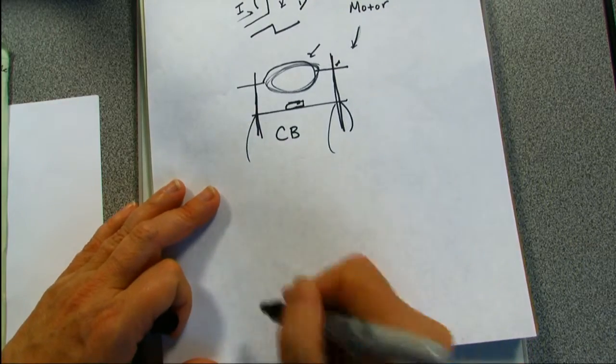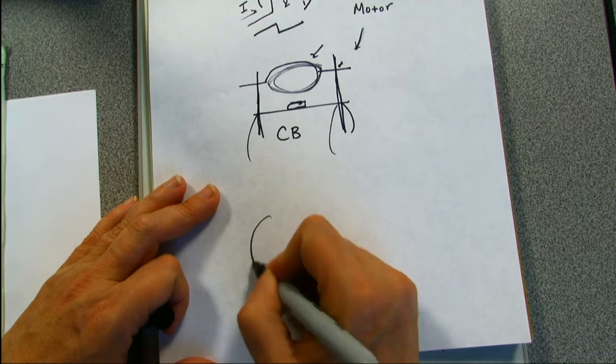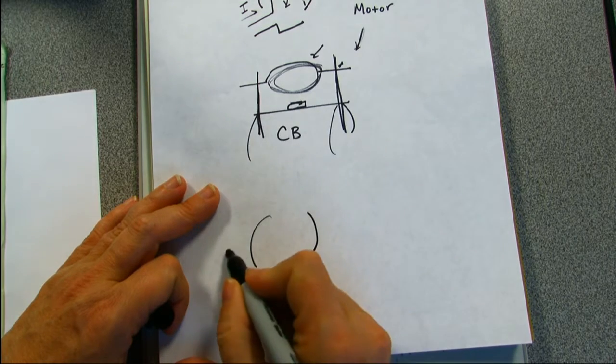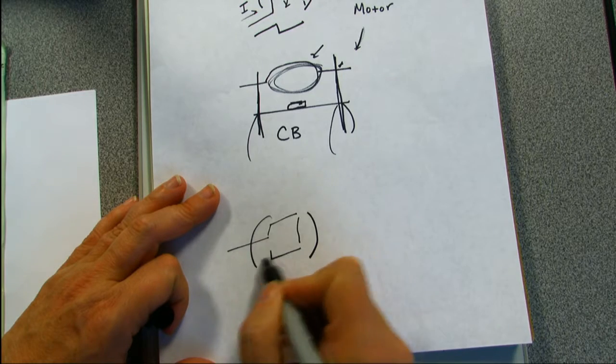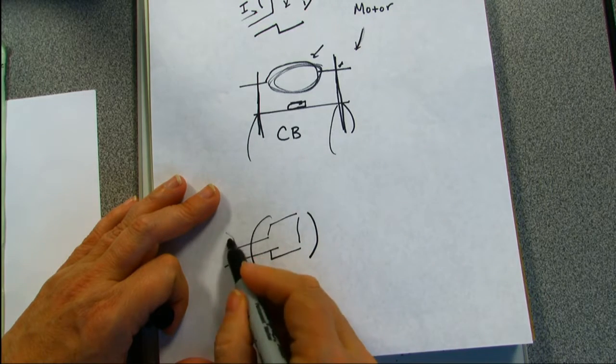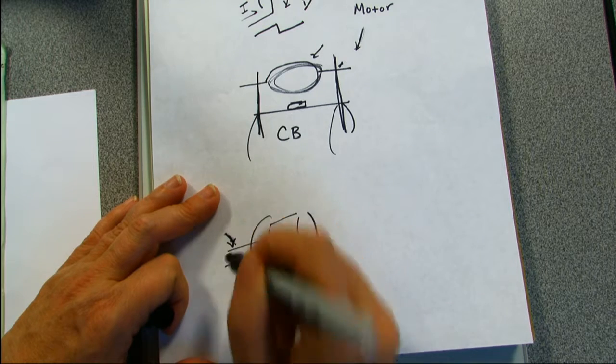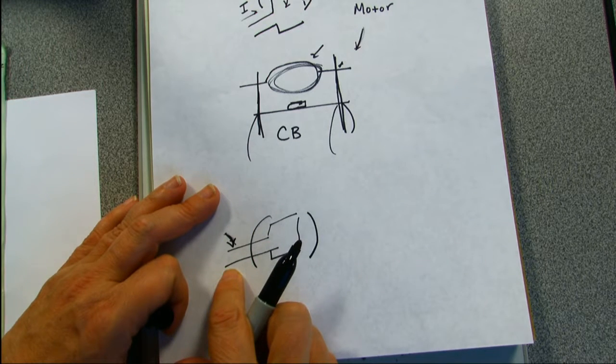Generator's a little different, okay? I've got a loop. I've got the same loop inside here, except now I'm going to apply mechanical force on this, such as water falling off of a water wheel, or steam hitting fans in a turbine.